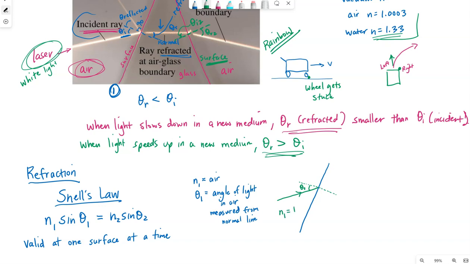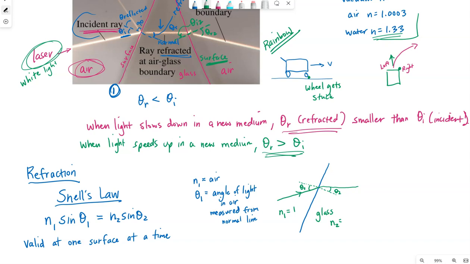The light, though, is coming into the glass, and we see that that angle, this would be our theta 2, got smaller because N2 is whatever glass is, and that's going to be bigger than 1.